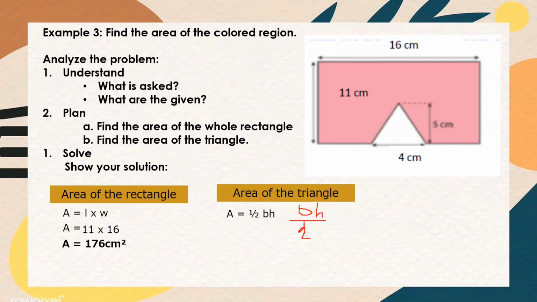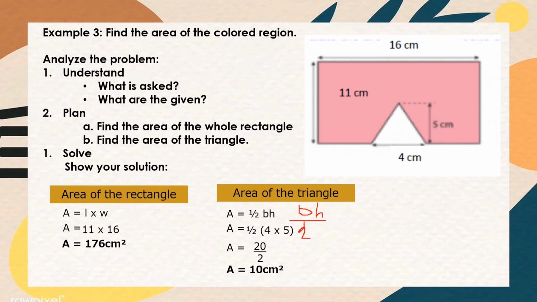The base is 4 and the height is 5. So we have 1/2 times 4 times 5. What is 4 times 5? We have 20. We're going to divide it by 2. The answer there will be 10 square centimeter.